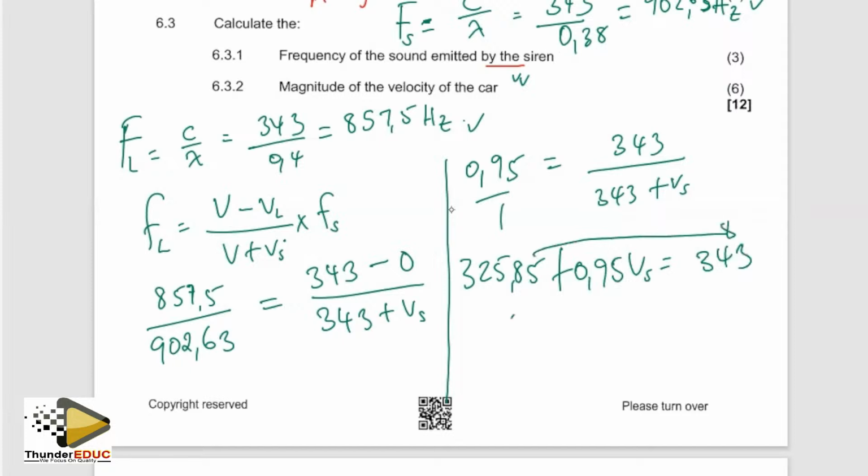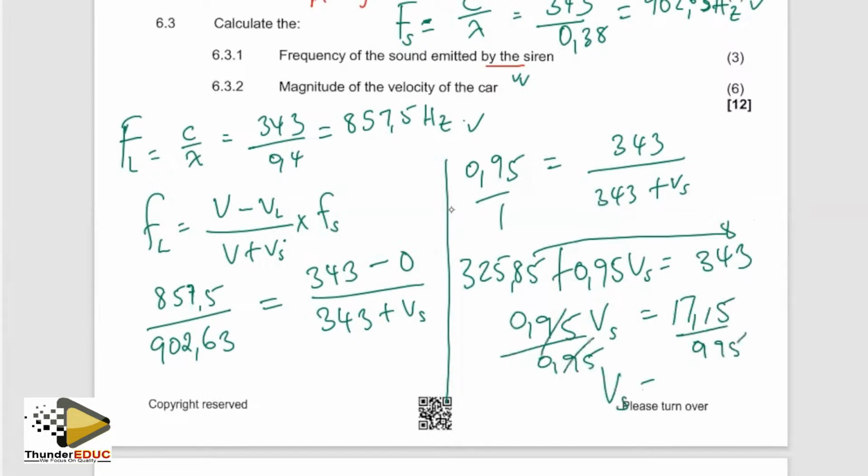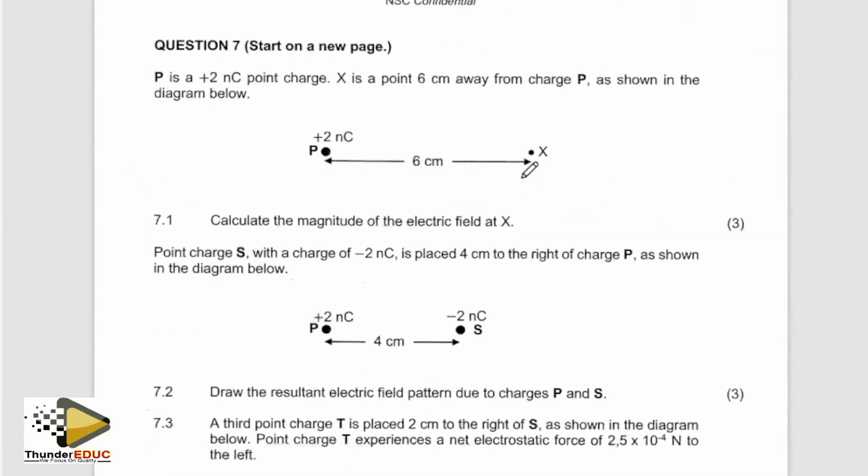I move this to that side, so 0.95 Vs is 343 minus 325.85, which gives me 17.15. Then I divide both sides by 0.95, which means the velocity of the source is roughly 18.05 meters per second. Guys, please let us know how you approach this and what you got. That's 18.05.